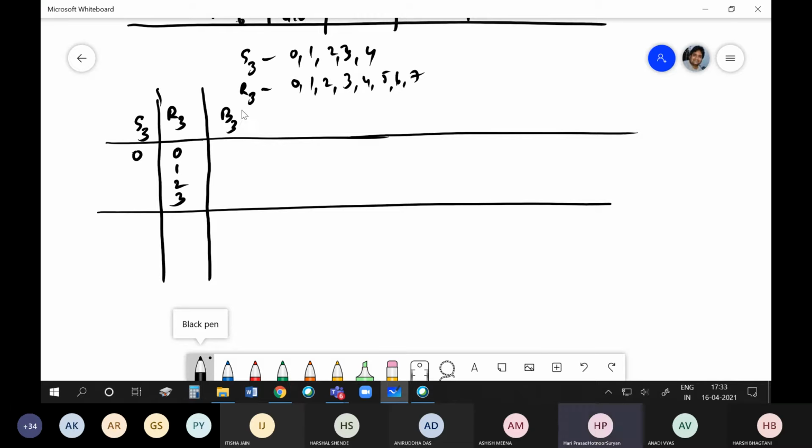B3 of R3. If I don't release, I have minus 100. If I release 1 unit, 250. If I release 2, it is 320. If I release 3, it is 480. So what will be S4 now? Because I have to know S4.